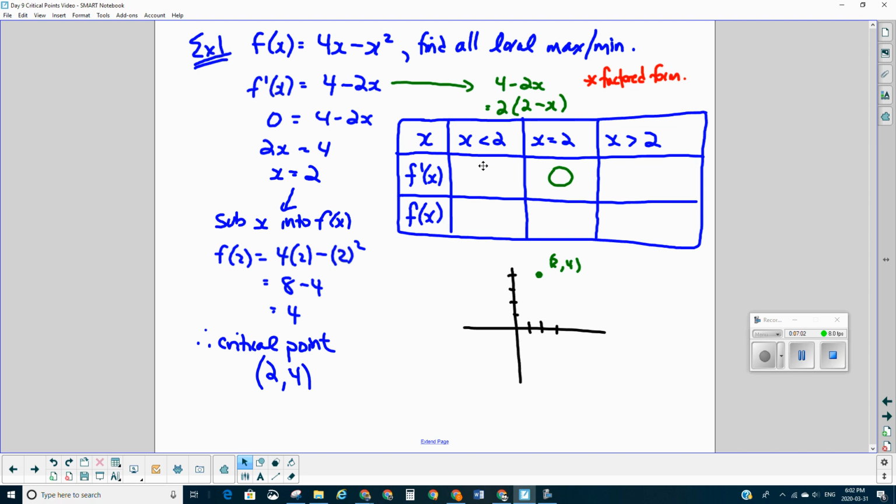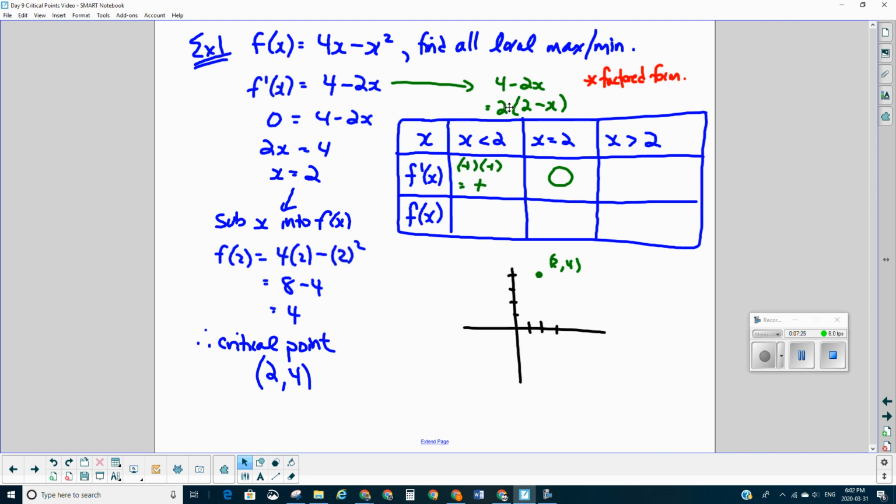Just like we were doing before, we don't actually care about the number, we just care if it's going to be positive or negative. So in this instance, for x less than 2, we can pick a number like 1, or anything less than 2. We're going to pick 1. The 2 part's going to stay positive, and when you put in 2 minus 1, that's also going to be positive.